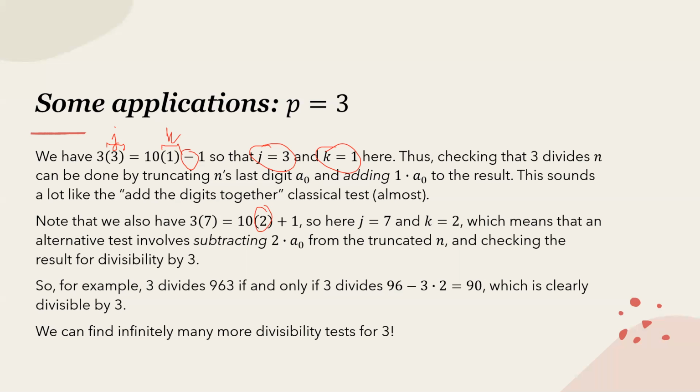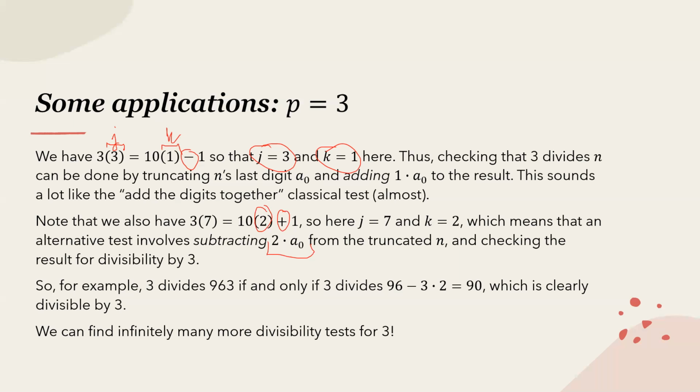Well, since this is a plus 1, we can subtract 2 times the 1's digit, and that will be another truncation divisibility test for 3. Does that make sense? That sounds a lot like the divisibility test for 7. It is. Right? It's sort of strange, but that it ends up being this. There's the same thing. Divisibility test for 3, divisibility test for 7. You can test them in the same way.